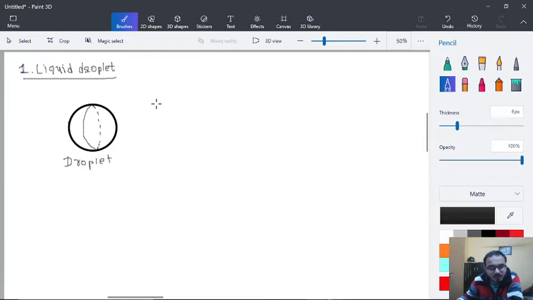And we will focus on half portion of this first to analyze the forces.